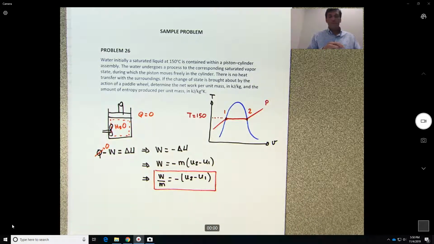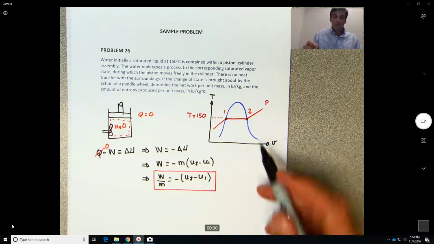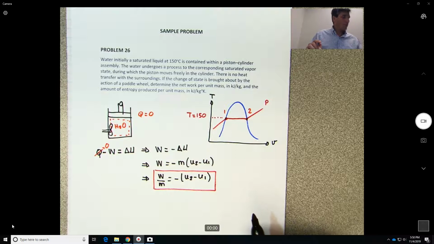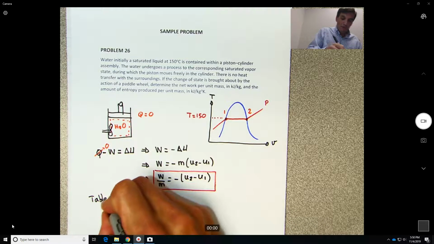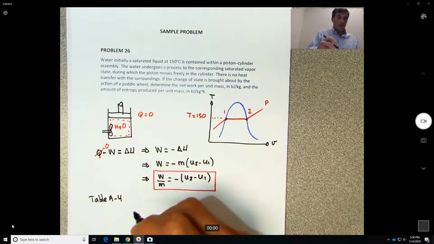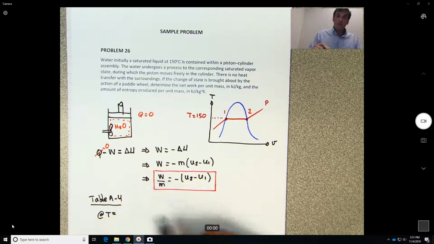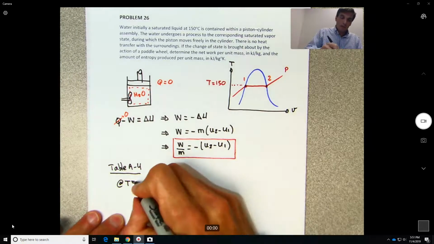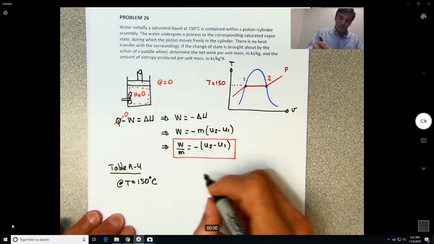So we are dealing with water, and we need to look at the table for saturated. So the table for saturated I have here is table A-4, and we're going to look at T equal 150 degrees Celsius.